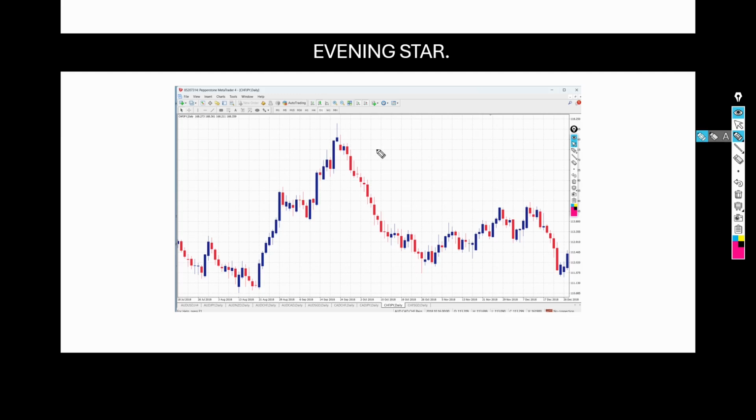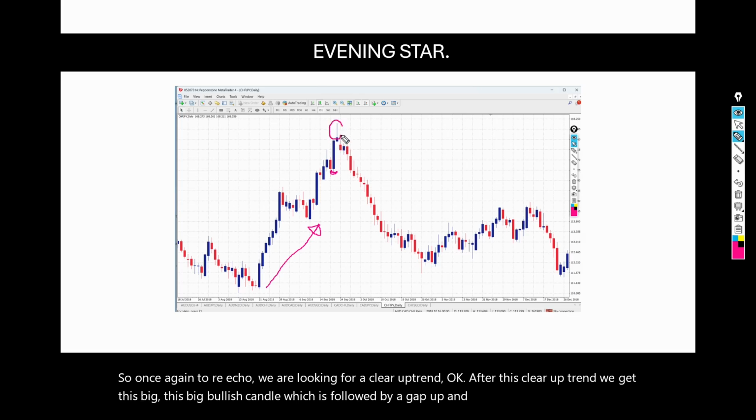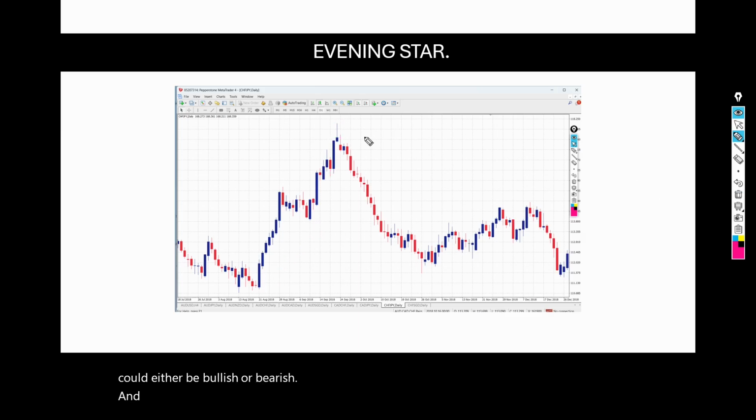So once again, to re-echo, we are looking for a clear uptrend. After this clear uptrend, we get this big bullish candle, which is followed by a gap up, and then a tiny candle, which could either be bullish or bearish, and then we get a gap down.